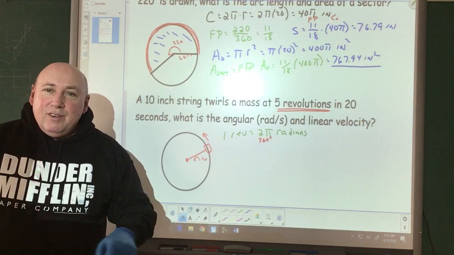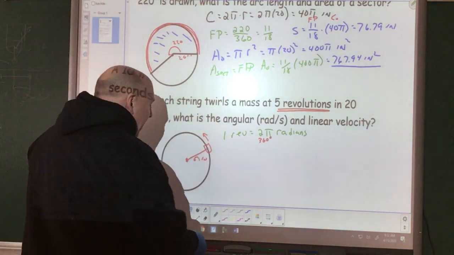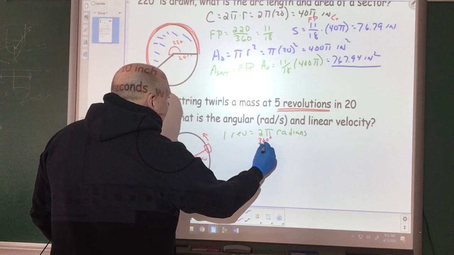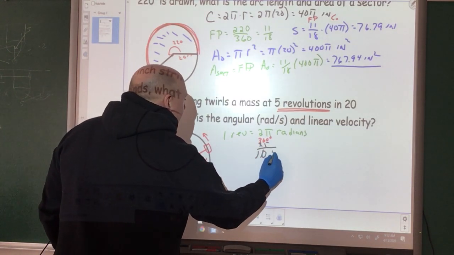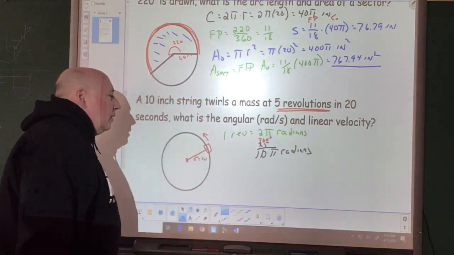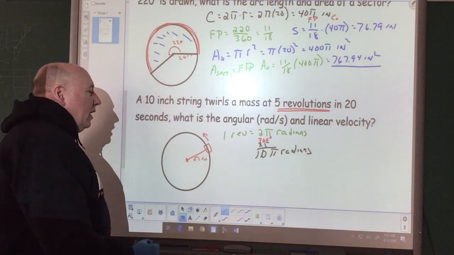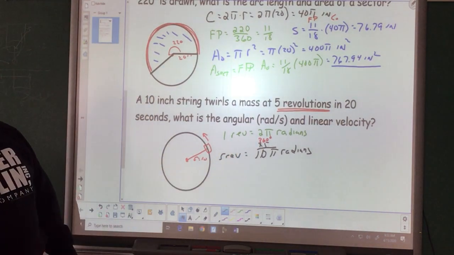Each revolution is 2 pi, so if I multiply this by 5, what we have is 10 pi radians. So 5 revolutions is equal to 10 pi radians.